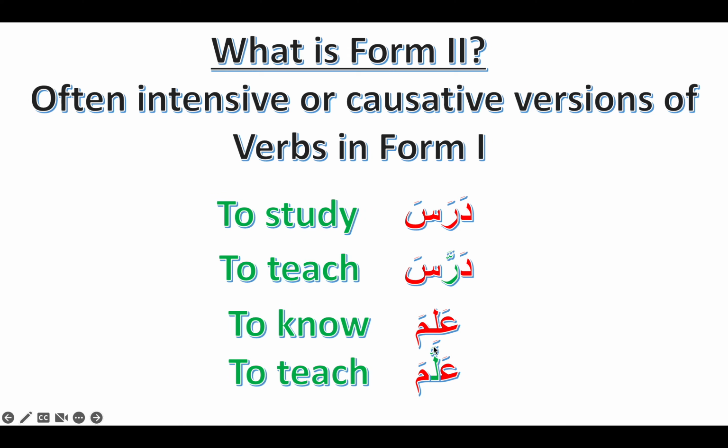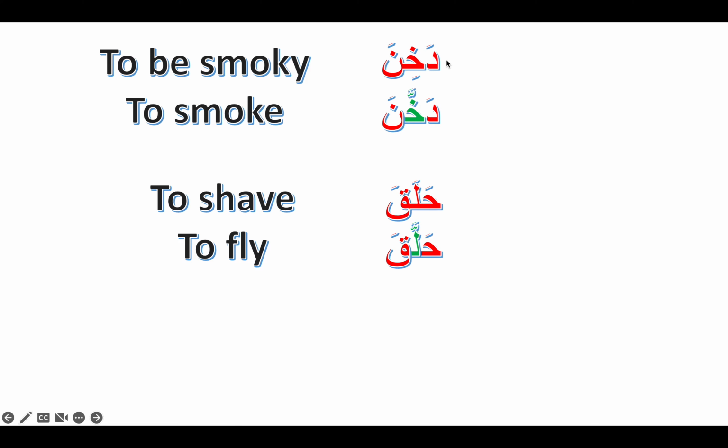Let's see some more examples. دخن, to be smoky. دخن is to smoke. So literally causing something to be smoky is to smoke. And you can see that it is Form 2 because of the shadda on top of the middle root letter. However, there are instances when the verb in Form 2 has no correlation with the verb in Form 1.